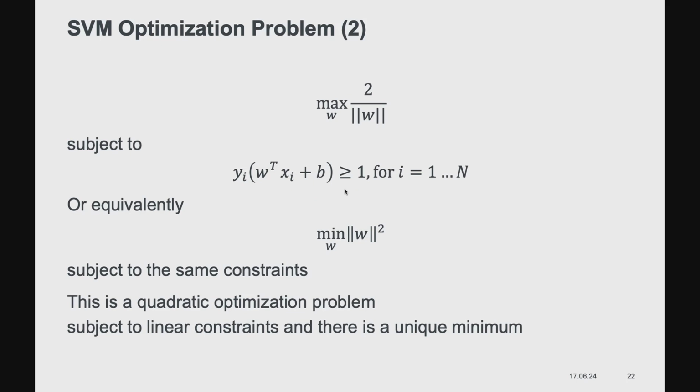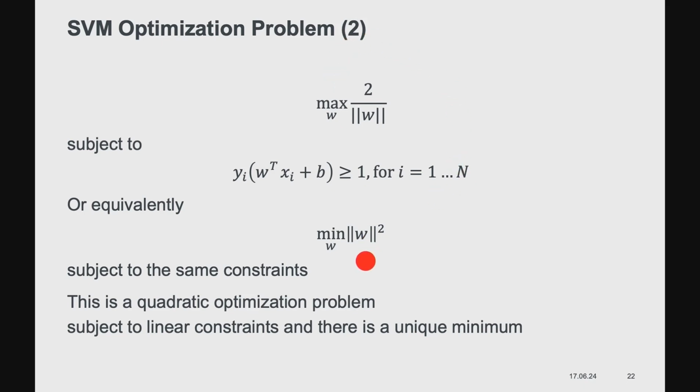Remember, for the support vectors, it should be exactly 1. For all the others, this term must be larger than 1. And so we have a maximization problem subject to constraints. So this is something that we didn't have in this lecture until now, but which is a very frequent theme that we try to optimize something given some constraints.